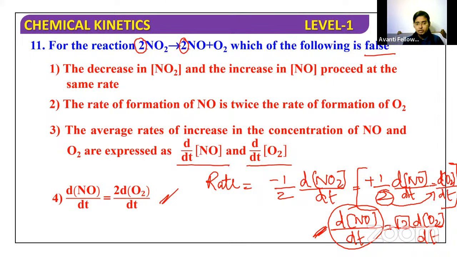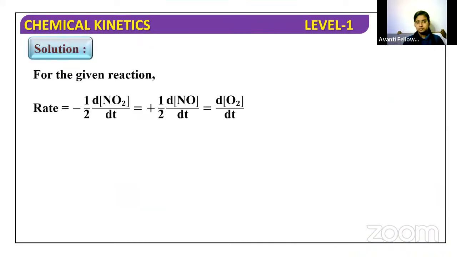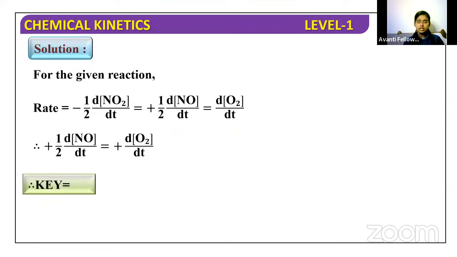Here we have to have 2, but that 2 is not given in the question. So option 3 is the false statement. This is the required rate equation and option 3 is the incorrect answer.